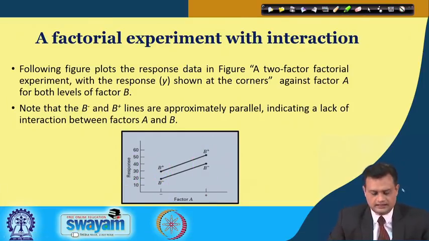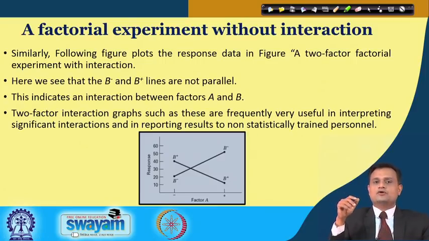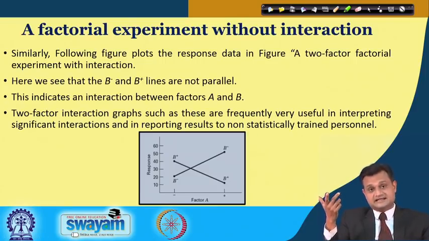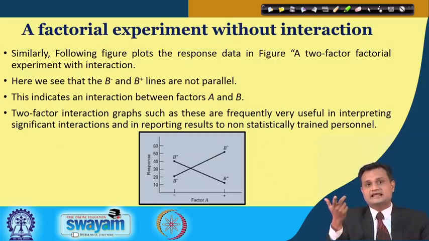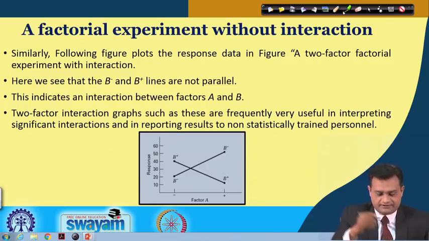So now let us see the different situation where there is an interaction. It means that when you change the level of a factor, there is a possibility that your response will get reversed or there is an impact on the response. So just try to see what is happening.